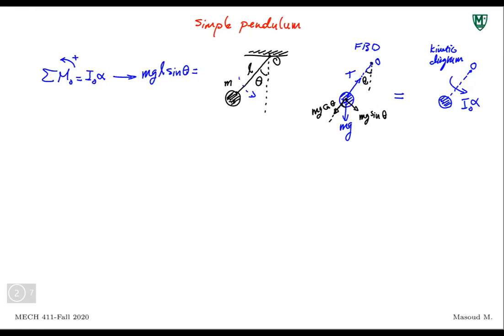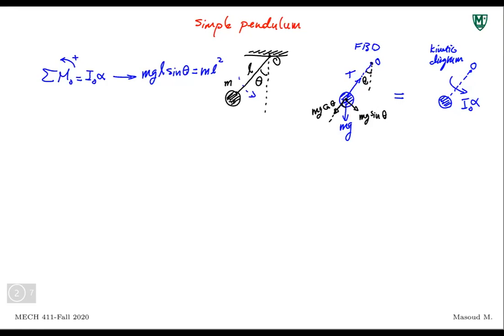Yeah, too early, huh? So the moment of inertia of a mass around a point was pretty much the multiplication of the mass and the square of the distance from that mass to that point. So for this mass here, I represent the value of mass with m, so that would be mL squared.